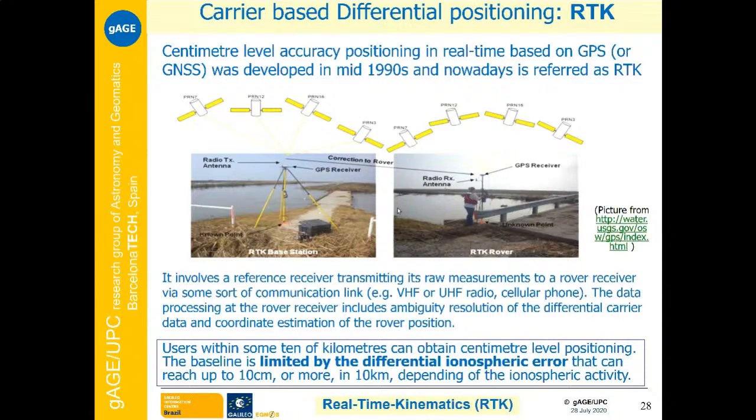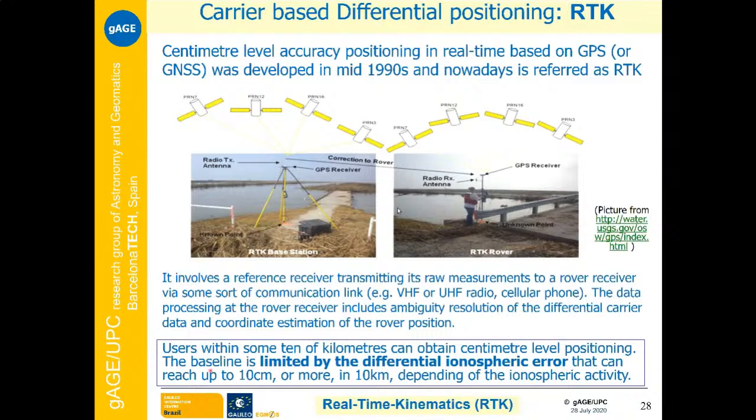In order to compute the user solution, because we are using carrier phase, the user receiver has to estimate the ambiguities together with the receiver coordinates.